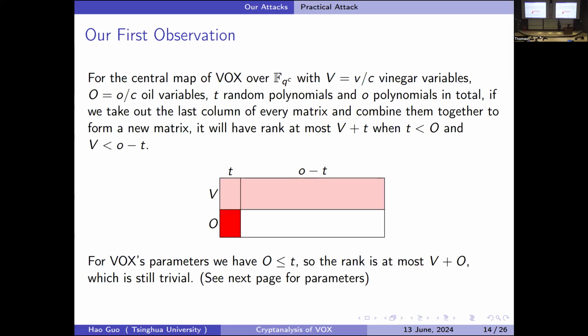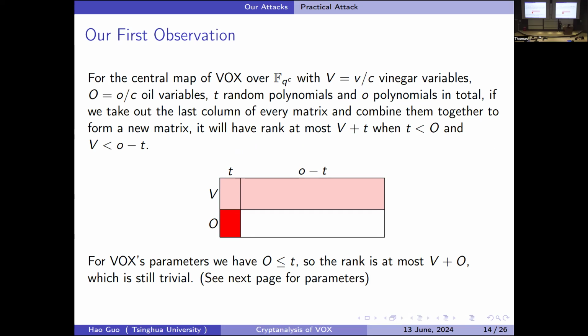And here we apply the QR variant for the central map of VOX, and we have big V equals small v divided by C Winiger variables, and big O equals small o divided by C Euler variables.